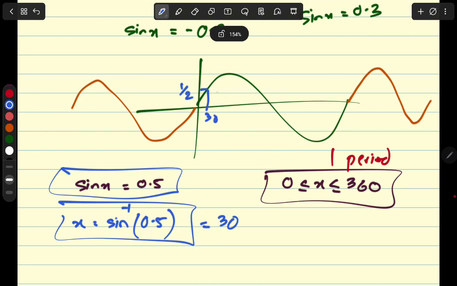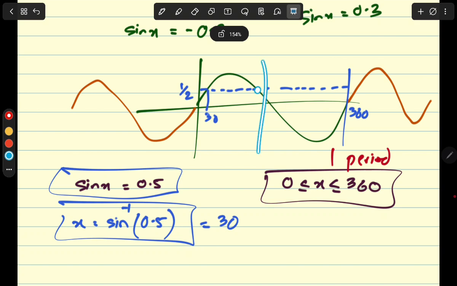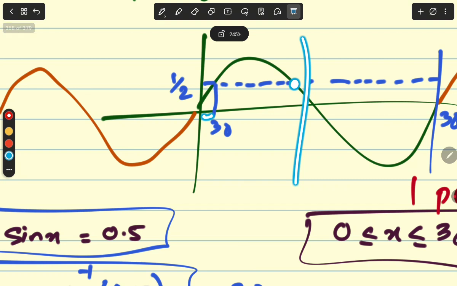So however, if you extend the line all the way up until this 360, then you will see that there also exists another solution. Let me try to show it to you clearly.